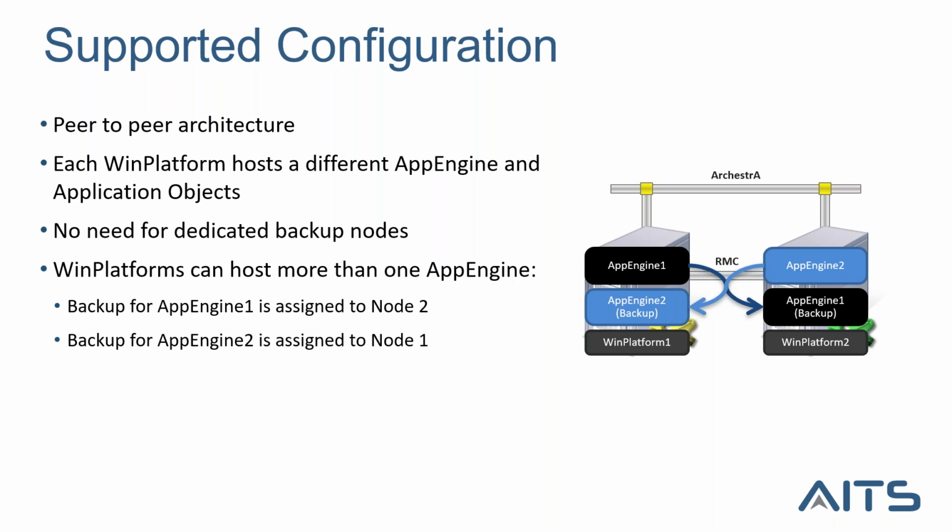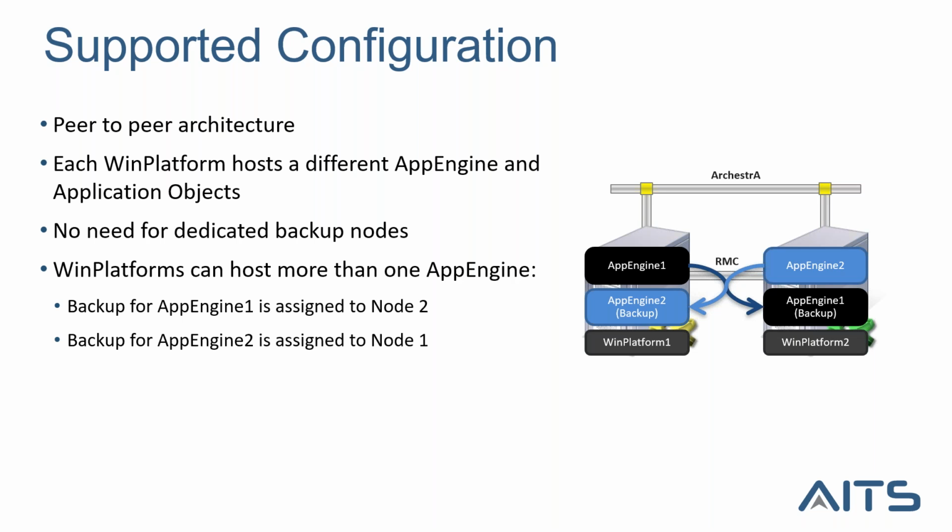I already talked about the performance and the calculation in a different video on our YouTube. You can find it on our playlist, or we will put the link in the chat box as well. Each Win Platform will host a different AppEngine and the backup of the other AppEngine.